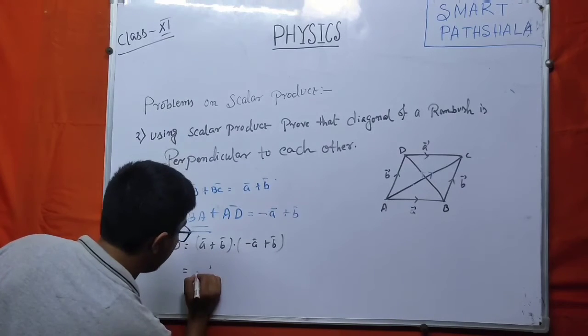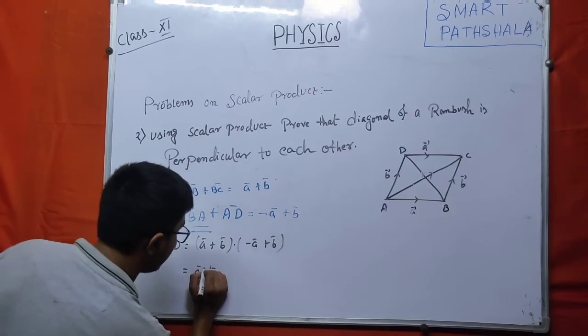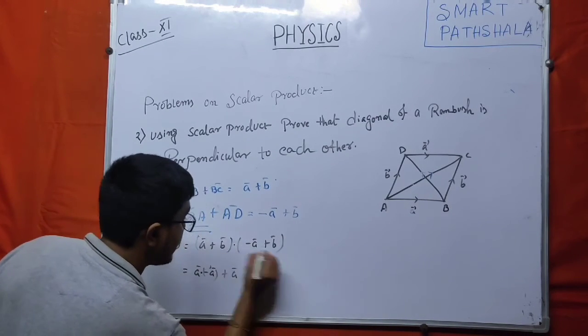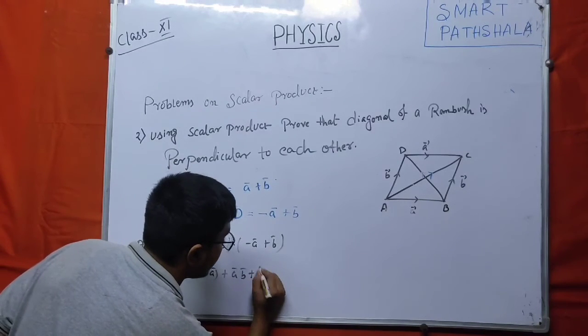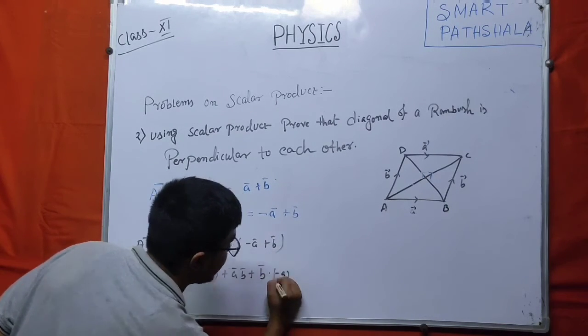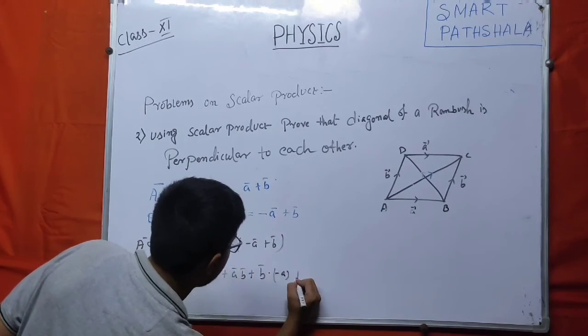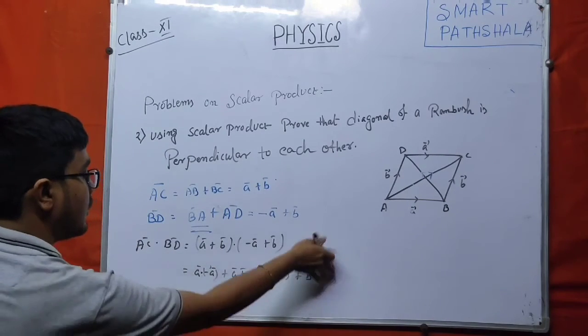Then A vector dot minus A vector, plus A vector dot B vector, plus B vector dot minus A vector, and plus B vector dot B vector.